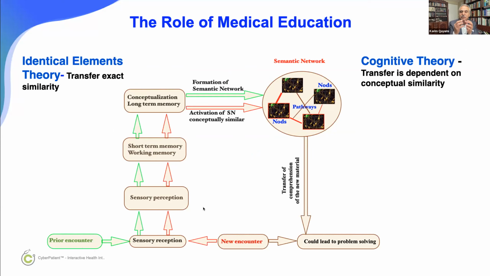It's a cluster of cells and pathways together that is responsible for a specific function. And the next time, when the second encounter similar to the first encounter comes, the brain doesn't have to rethink. You just call that semantic network and respond immediately. And that's what is called identical element theory.